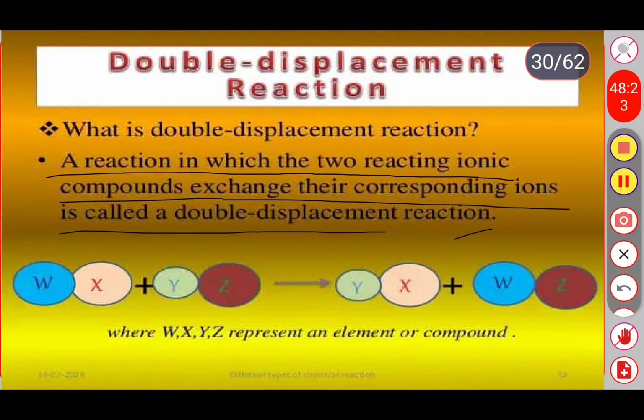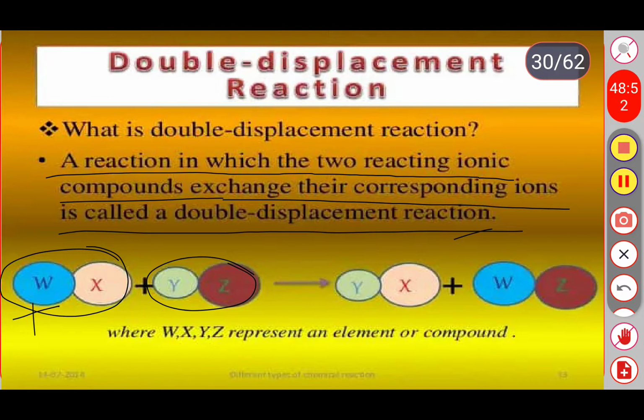In the first compound we have W and X, and in the second compound we have Y and Z. In each, the first atom is positively charged and the second is negatively charged. In these two compounds, the positive ions change their positions.